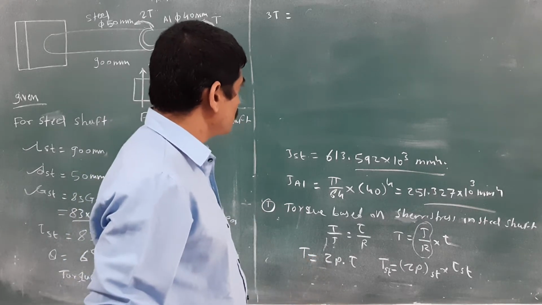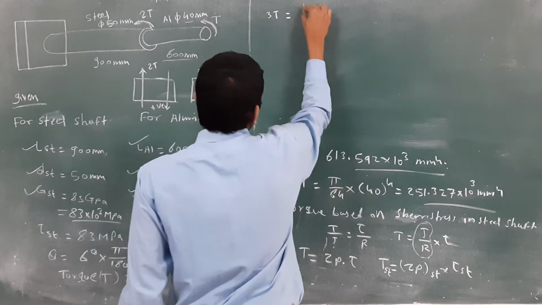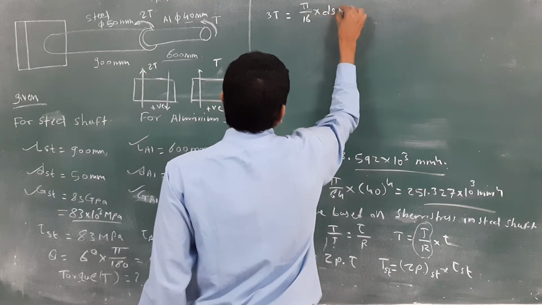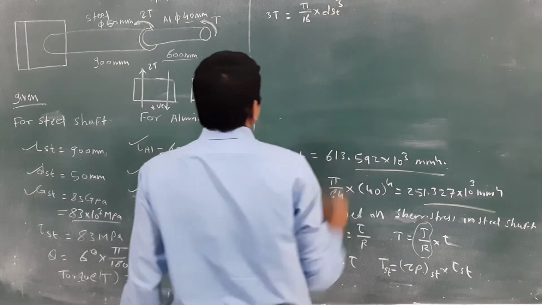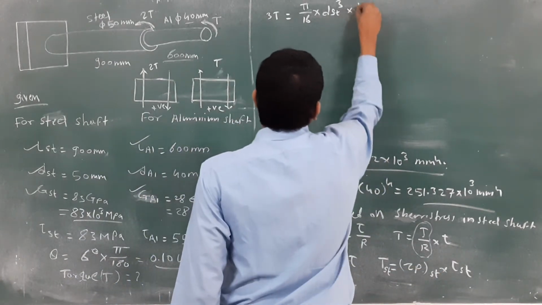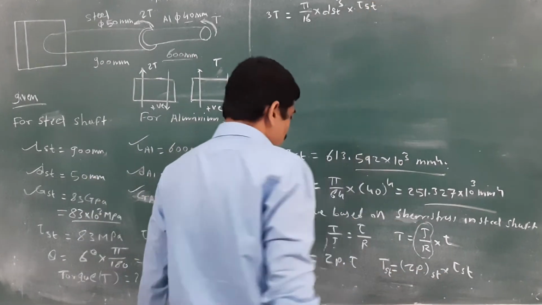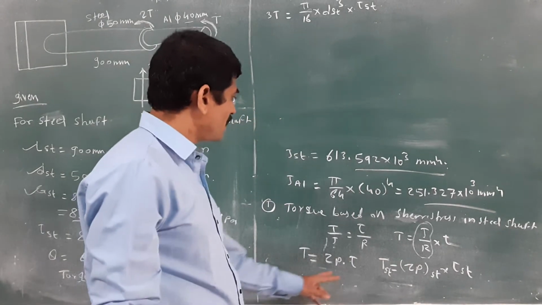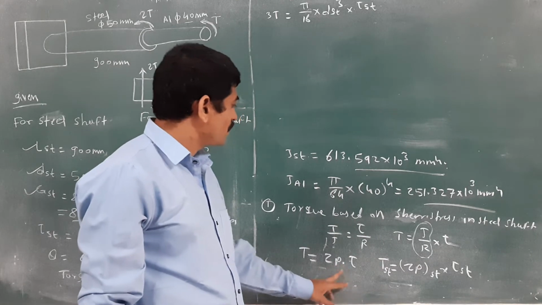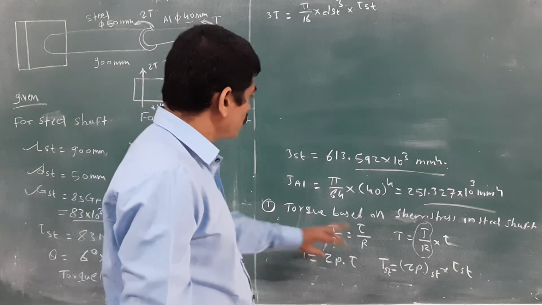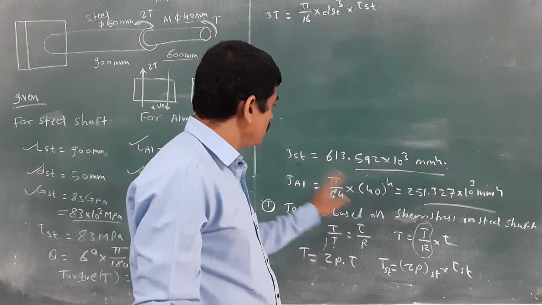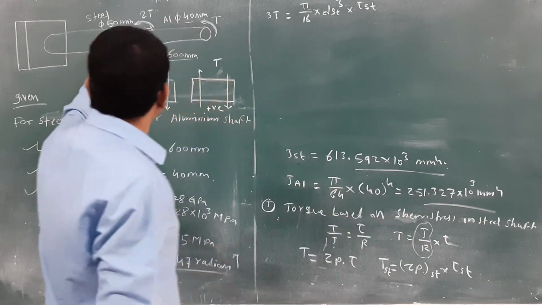Then what is ZP? ZP for the steel is pi by 16 into D ST cube. Okay. And tau ST as it is. Or individually you can also write the value of J and the value of R. Directly you will get the ZP value because both values are known. We have this value J ST, R is equal to what for the steel?